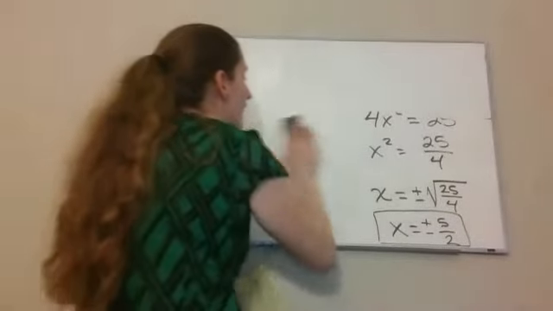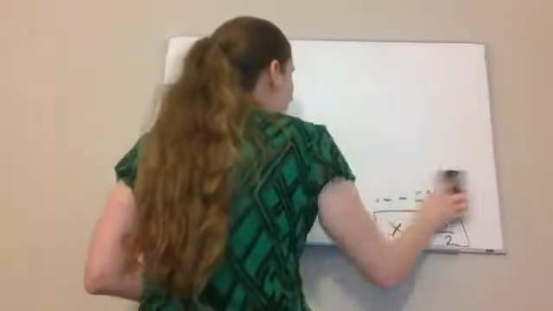Now, it is possible for a polynomial to have a zero happen more than one time.